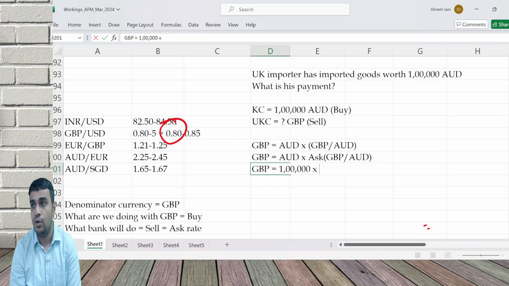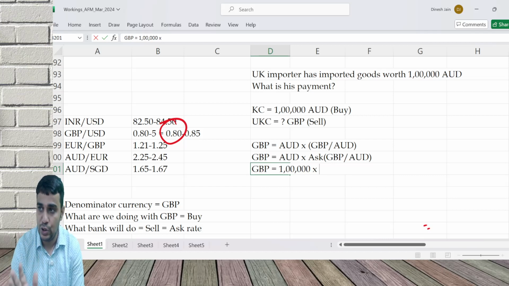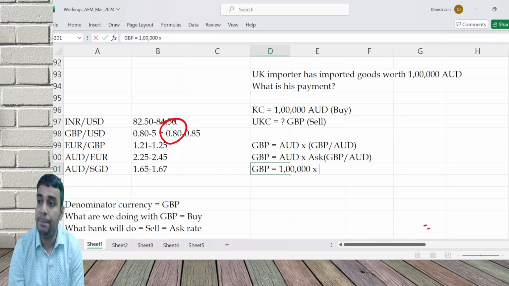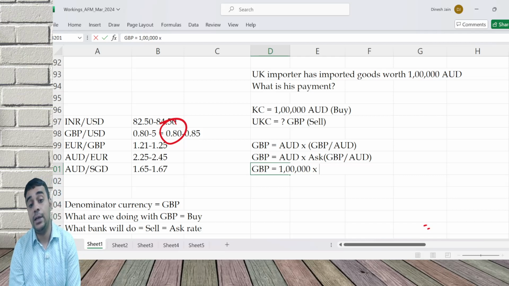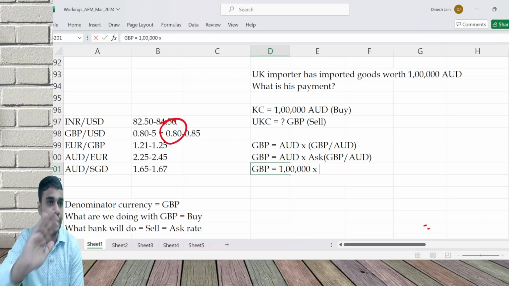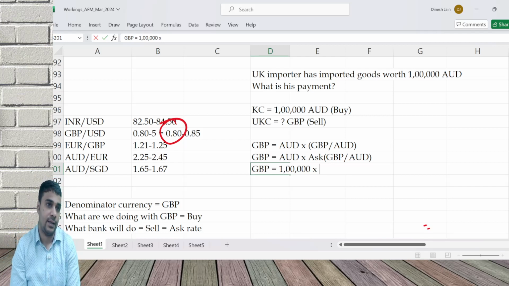You are right, I can use GBP per USD, then USD per INR, but then I'll get stuck. So I will use GBP per Euro and then Euro per Australian dollar, because if you use US dollar, you'll be moving in the upward direction where you will get stuck. I wanted to move in the other direction.